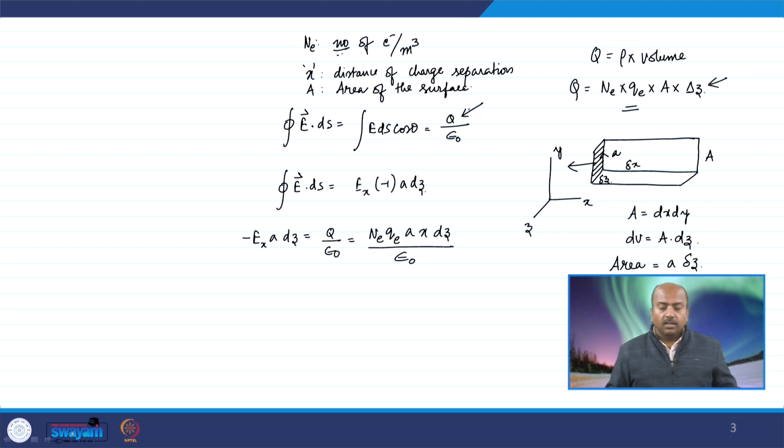And on the left hand side, the value of ds is substituted from here, and angle is substituted as 180 degrees.